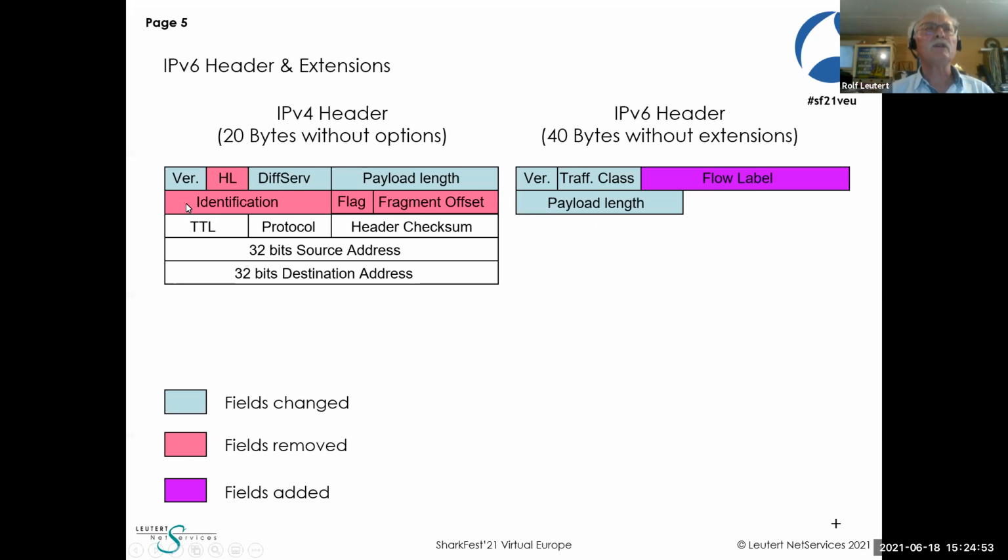I will miss that one really hardly, because if you look at the client going out, each packet increases the identification. So you can easily use this field in IPv4 to differentiate between a retransmission of TCP and a frame which is doubled somewhere on a switch, because a retransmission in TCP will have a new IP identification.